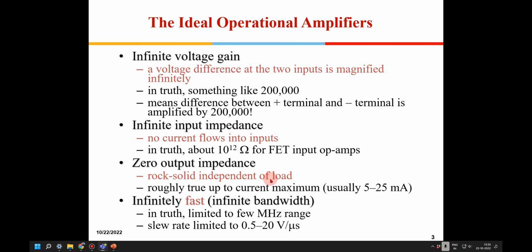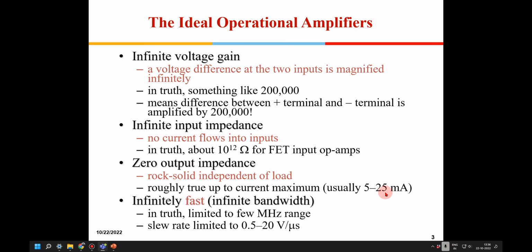But if you remember the common drain or source follower, there you could connect low loads. So the output stage of an operational amplifier should be a common drain amplifier or source follower, so that you can connect low resistances. High load means low resistance, which takes a lot of current.